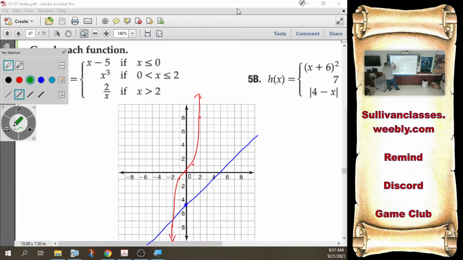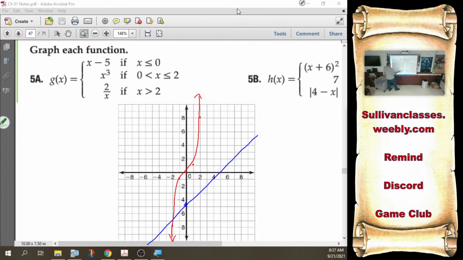And 2 over x. 1, 2, half, half. Okay, it's just kind of this snarl of different stuff. But you look, where does it actually matter, and then erase the rest.